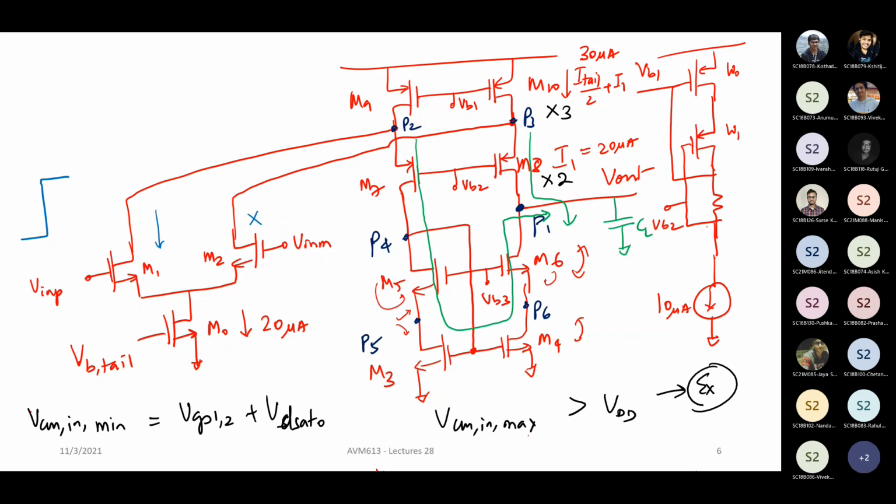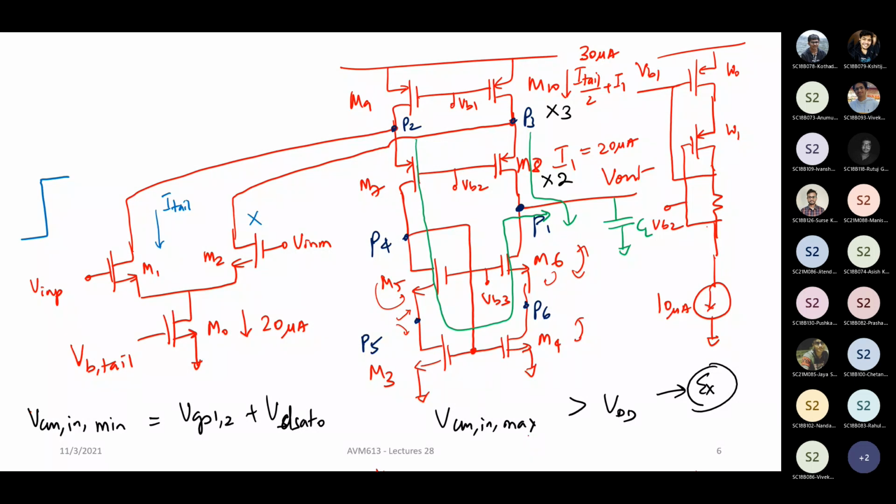Correct? So you have a large input step and the differential voltage is such that there is hardly any current through M2, all the current flows through M1, and therefore the current that is flowing through M1 is what? It will be the entire I tail.